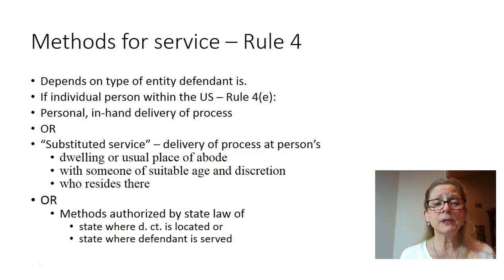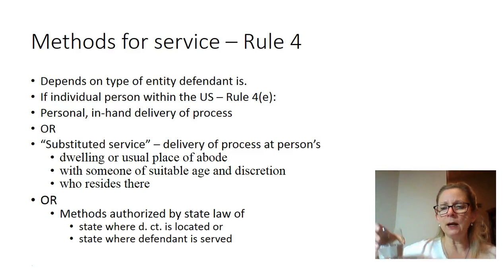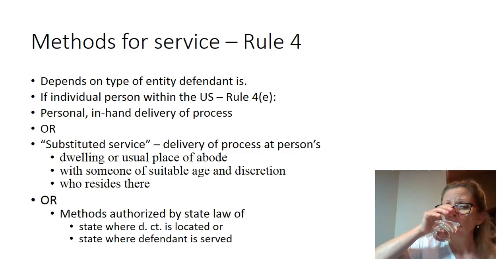However, a person can have more than one dwelling or usual place of abode under Rule 4(e). So if you have, say, a vacation home that you own, and you go there every year for the summer, that's probably going to be considered one of your usual places of abode.